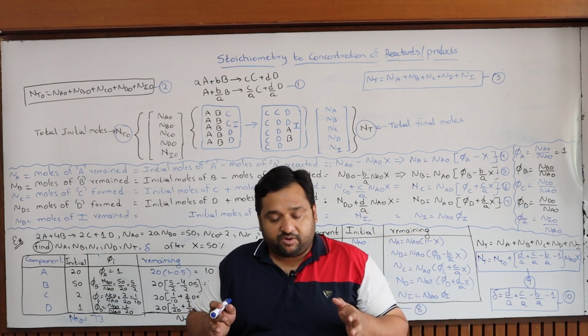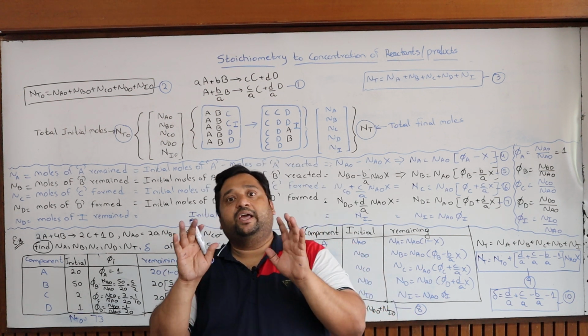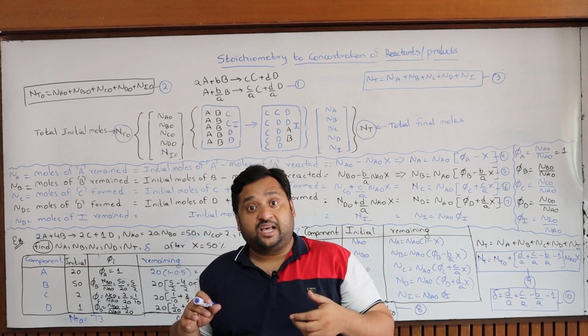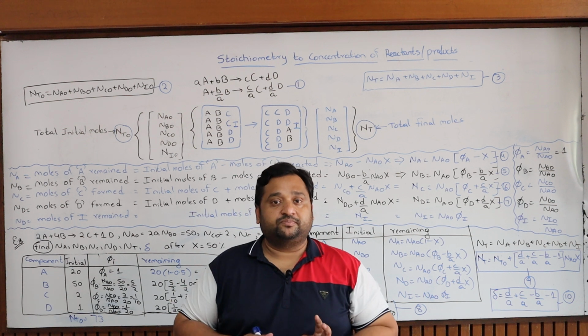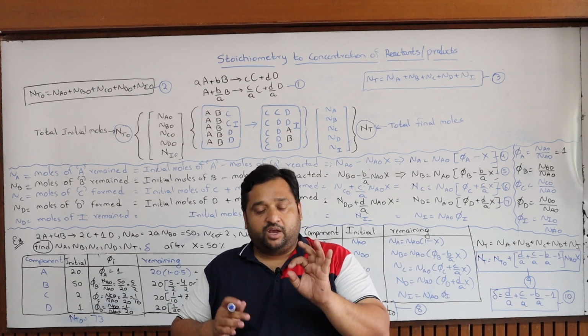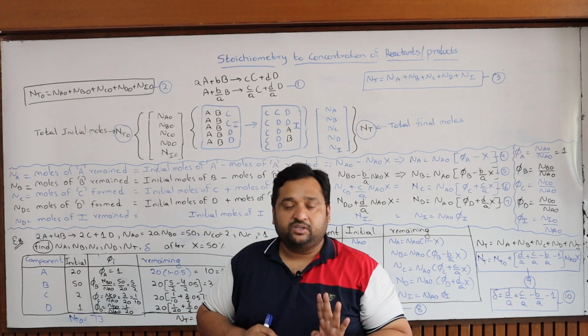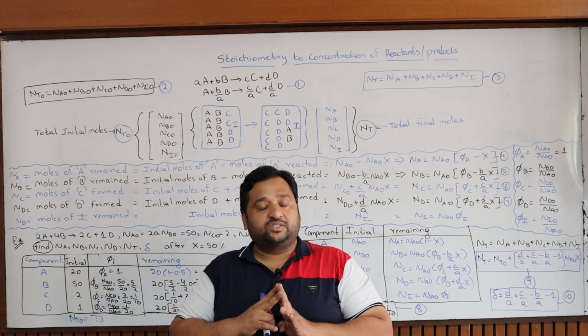So, in today's lecture, we take a certain reactor in which both reactants as well as products are present. Suppose the reactor has all 4 components, 2 reactants and 2 products.